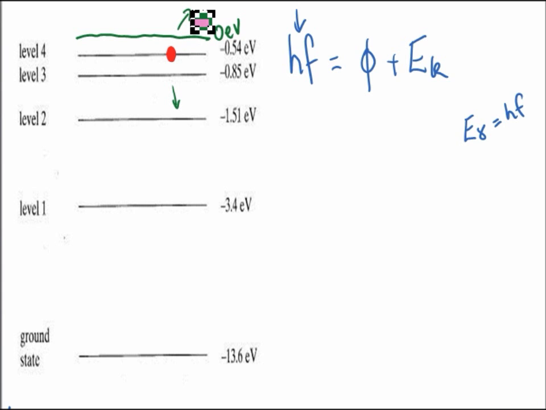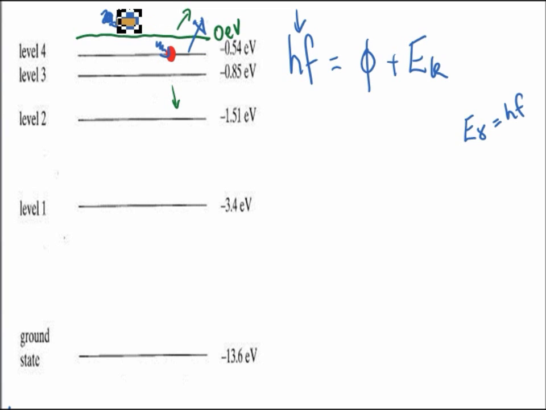Now, let's think about the process of the photoelectric effect. What essentially happens is we shine light onto the surface of the metal, but we're thinking of this light as a packet of energy, as a photon, and hopefully our electron will absorb that photon, gain the energy, and shoot off. Okay, now conservation of energy.